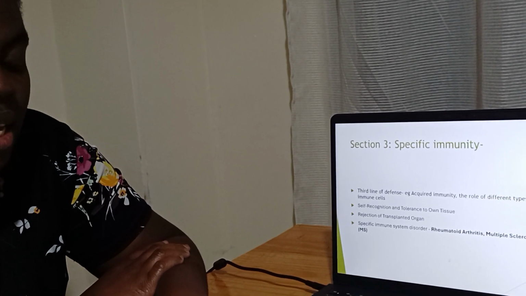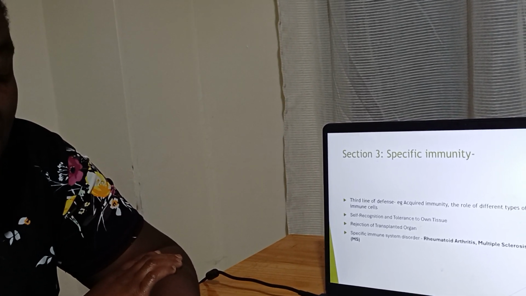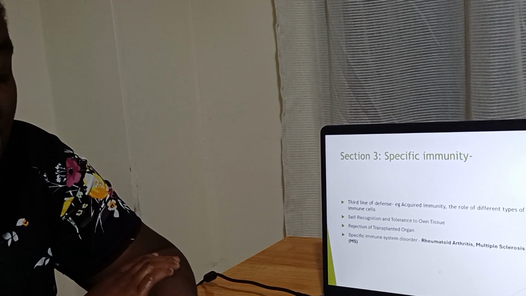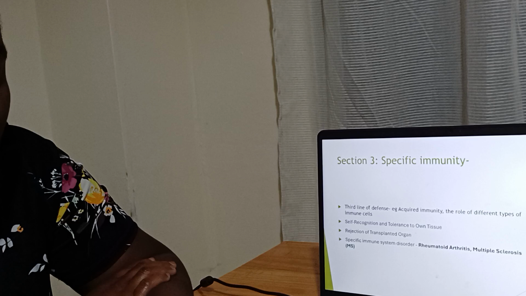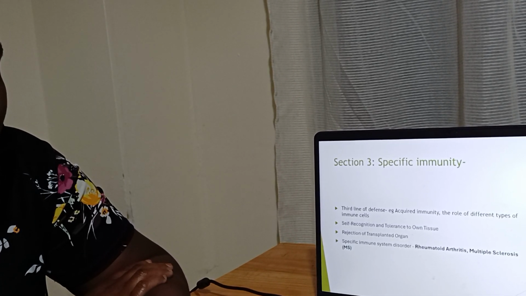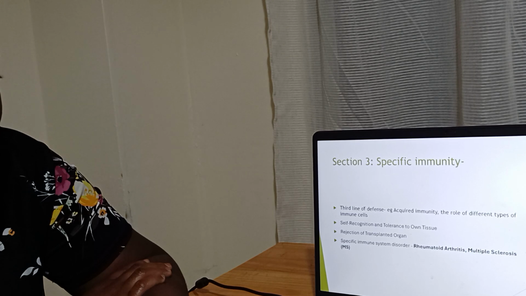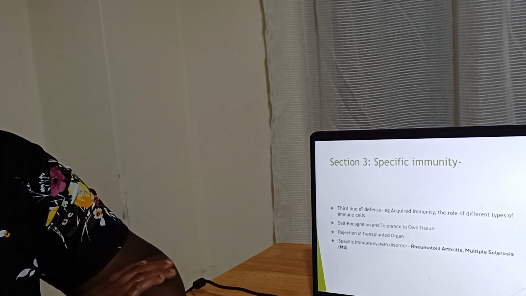Acquired immunity is obtained through exposure to illnesses or vaccination. Following the pathogen's encounter, the immune system establishes a memory of it, which facilitates a more rapid and effective response in subsequent encounters. Then we have the role of different types of cells.